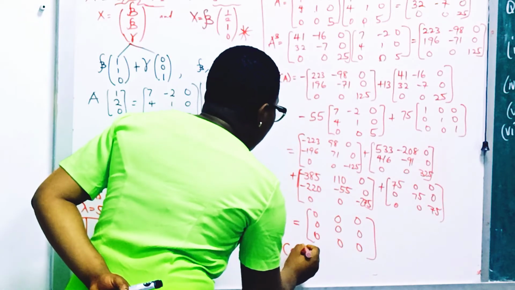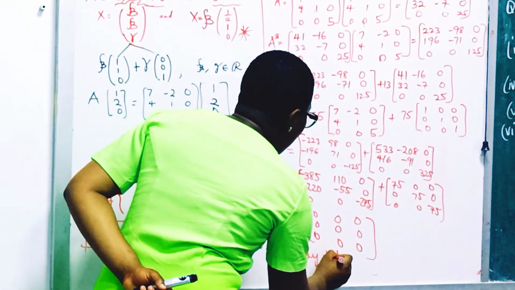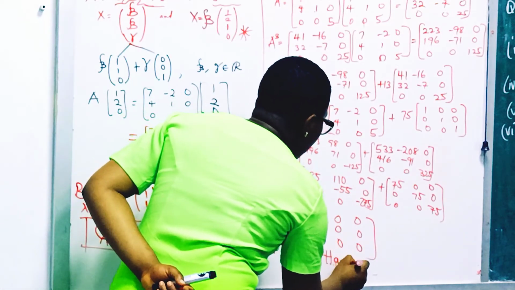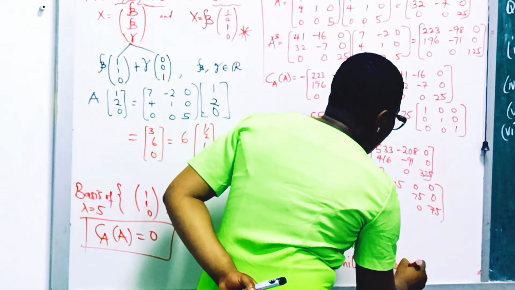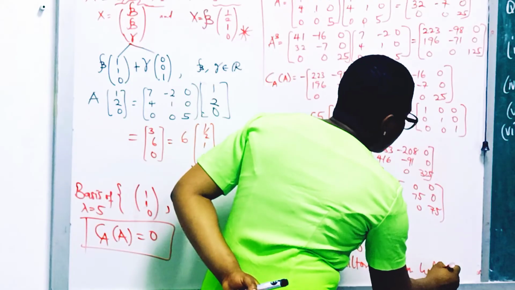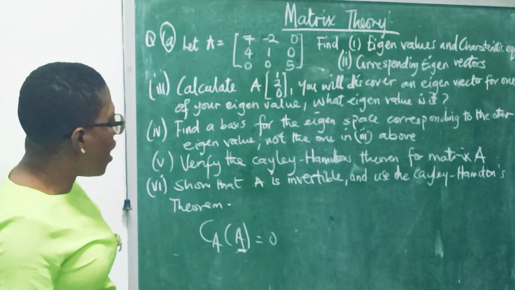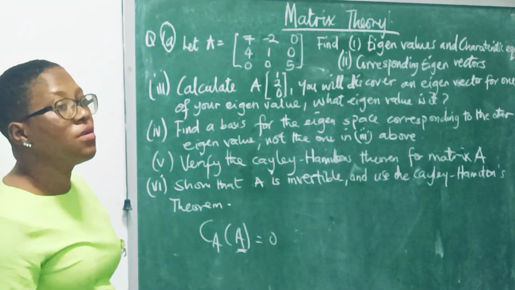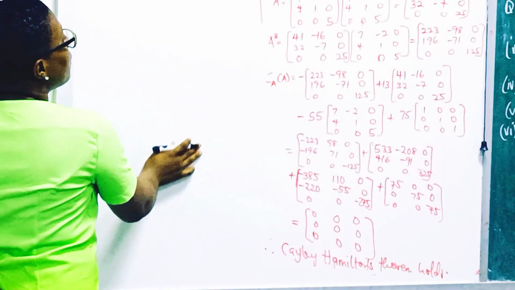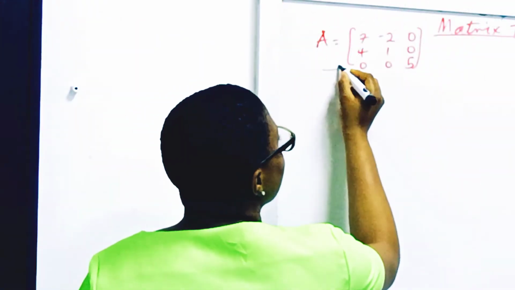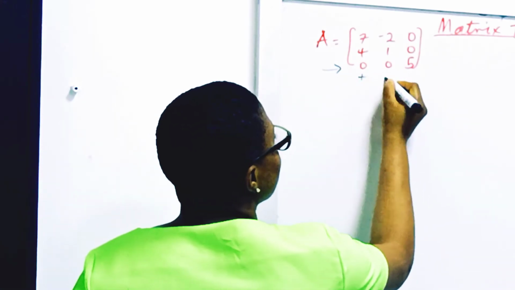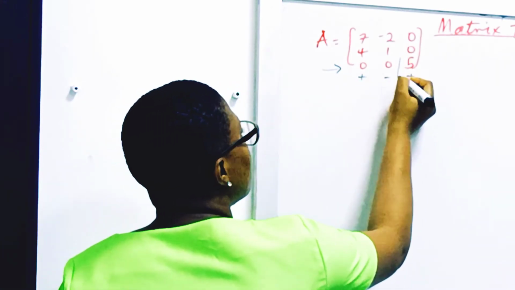Therefore, Cayley Hamilton's theorem holds. We show that A is invertible and we use the Cayley Hamilton's theorem. How do we show A is invertible? We need to show that the determinant of A is not 0. If you consider the determinant using this rule, we have plus, minus, plus. So we use 5.